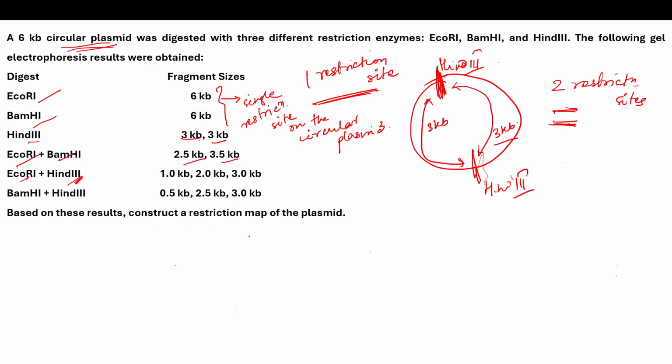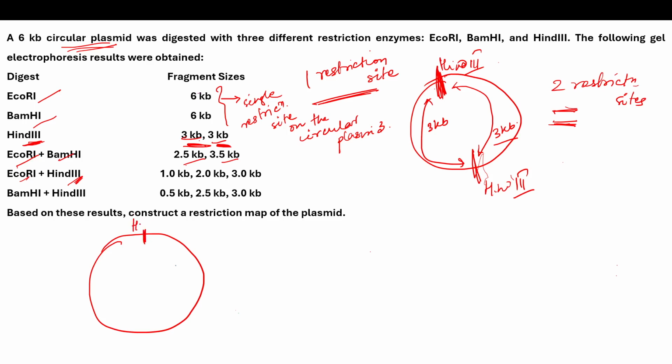Now, how do you really construct a restriction map? First we should start with HindIII, which gives two fragments. Let's suppose this is the circular plasmid in question.